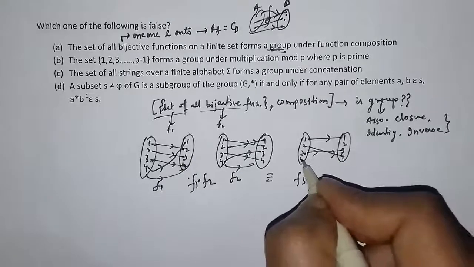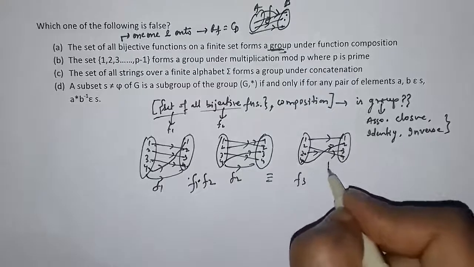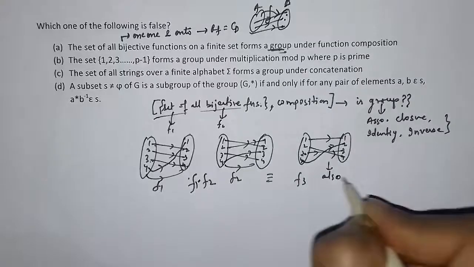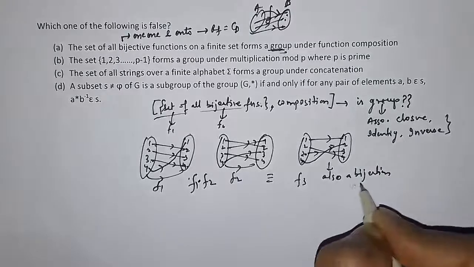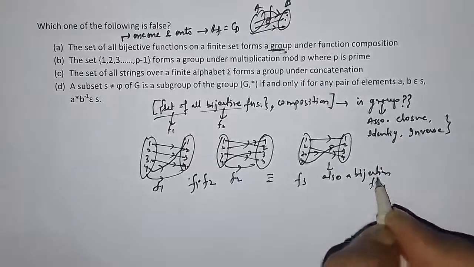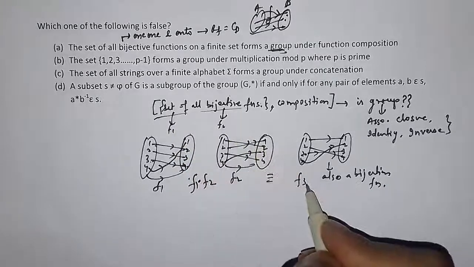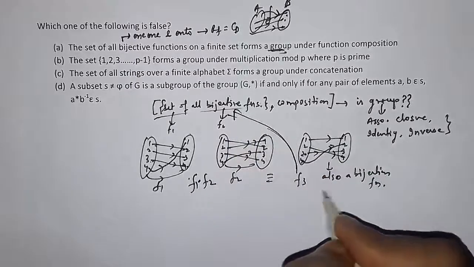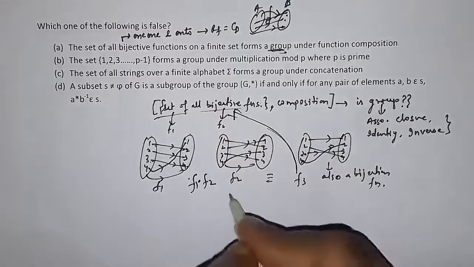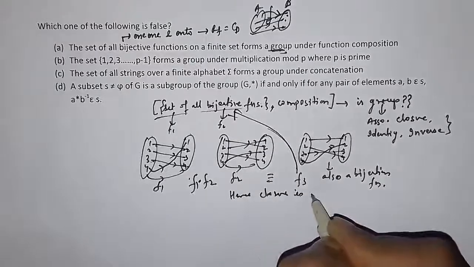So 4 is mapped to 2. This is also a bijective function. The result is a bijective function, and we know that this is a set of all bijective functions. So f3 belongs to this set, hence closure property is satisfied.